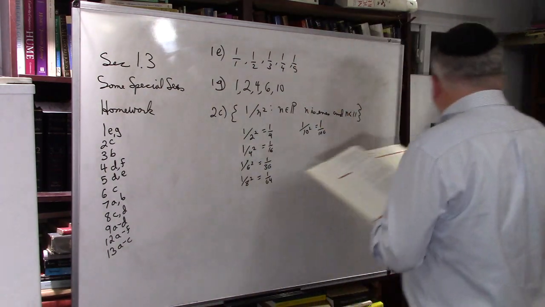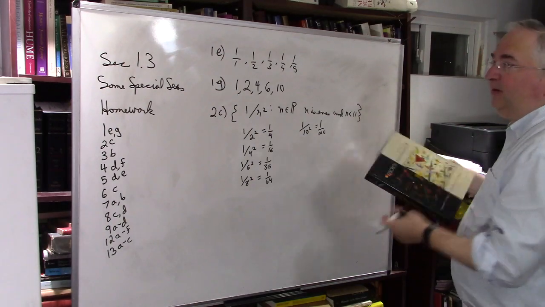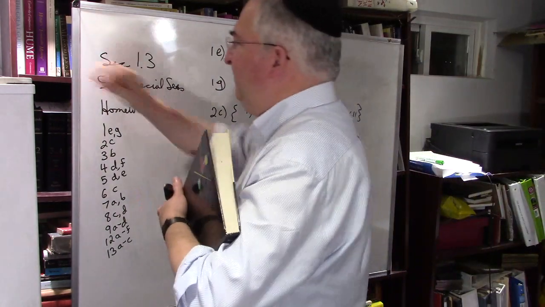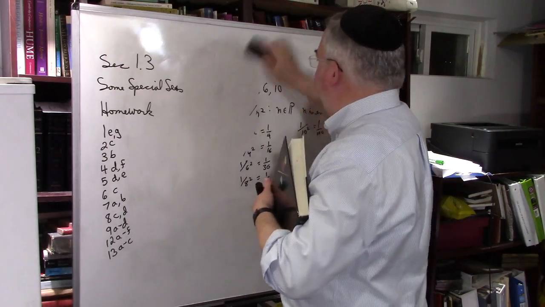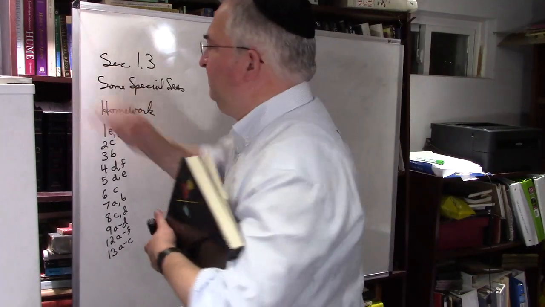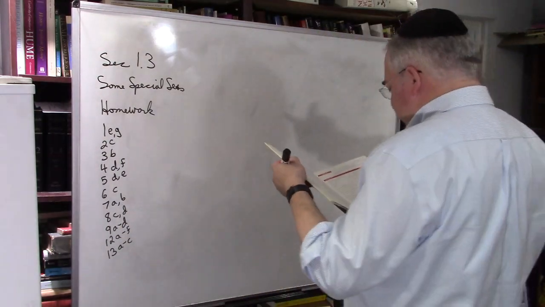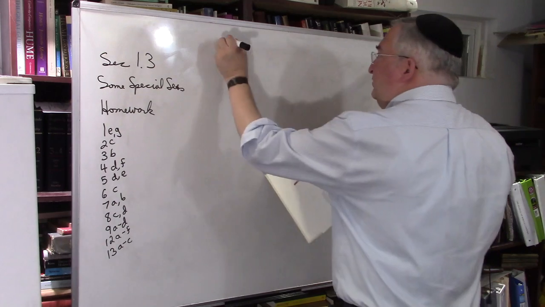3B. We're up to 3B. Let's just read it. None of these are hard. You just have to concentrate for a second.